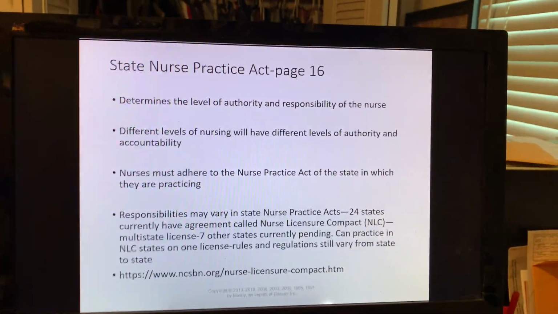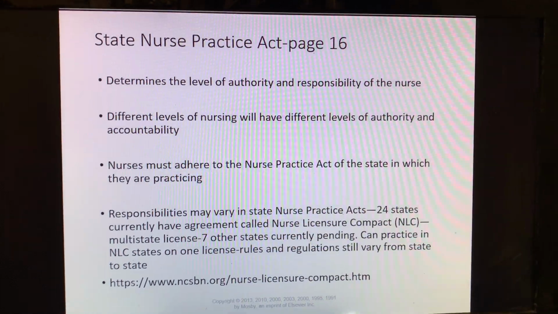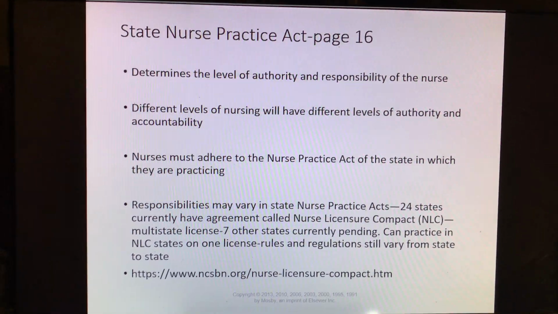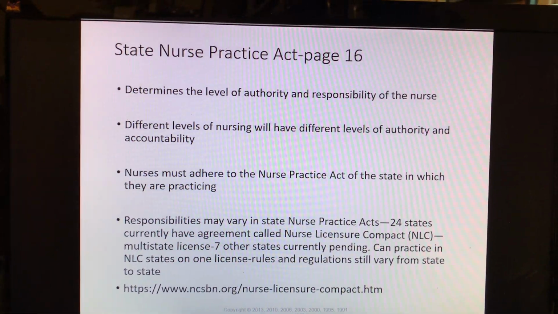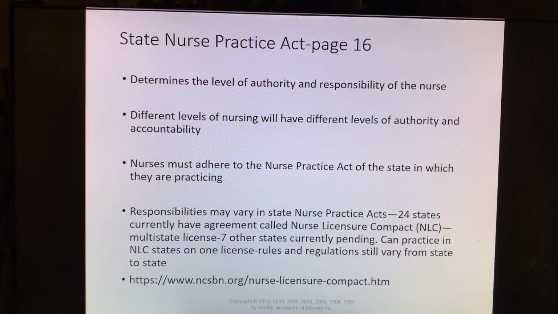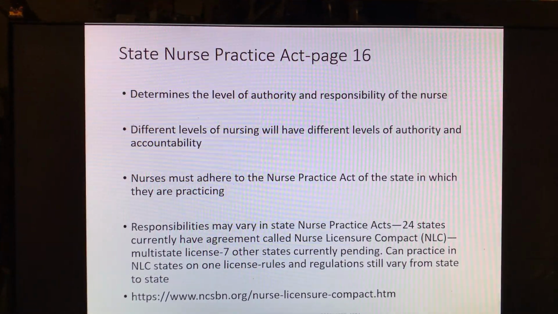Now, on page 16, we talk about the Nurse Practice Act. The Nurse Practice Act in your state is what determines the level of responsibility and what kind of authority you're considered to have over the other employees. Like we said before, different levels of nursing are going to have different levels of authority and accountability.